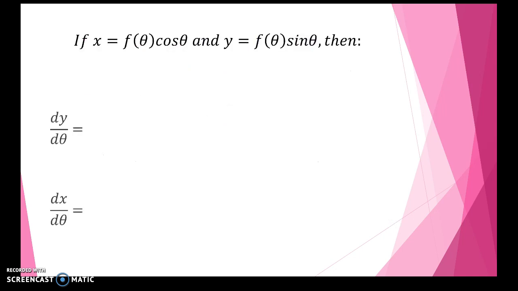Okay, so now that we have our parametric equations in terms of theta, now we can differentiate each one. Look at each of these, x and y. The derivative will take the product rule. So the derivative of y with respect to theta: first times the derivative of the second, plus the second function times the derivative of the first function.